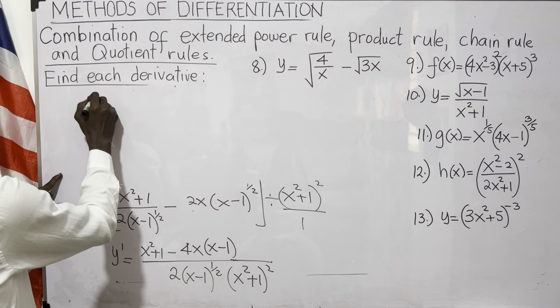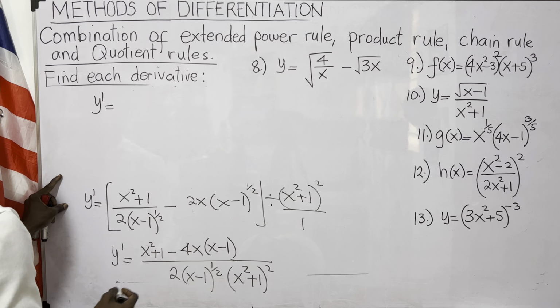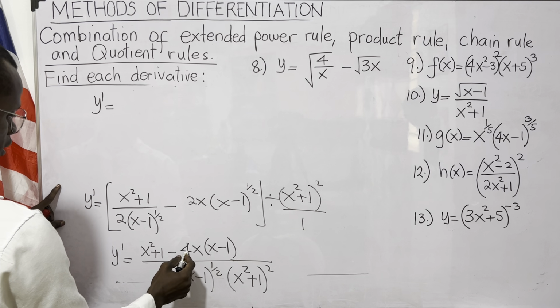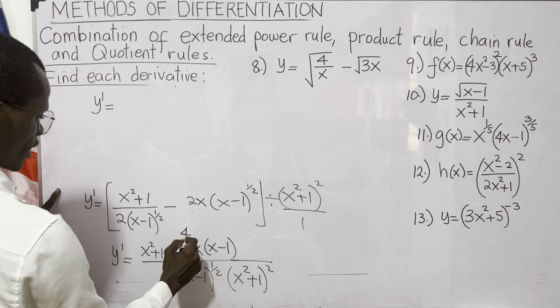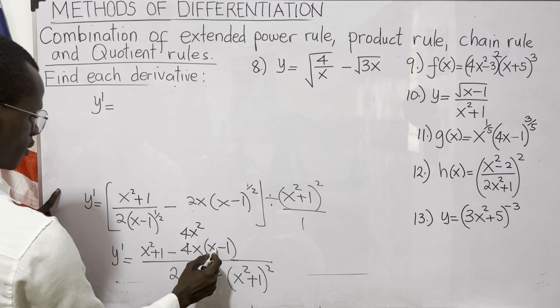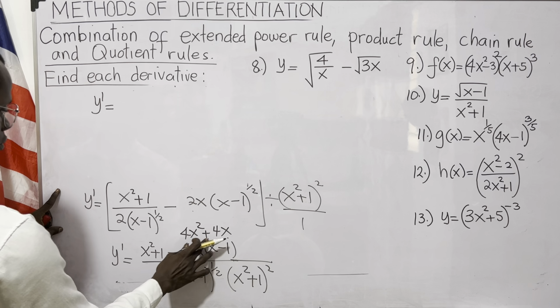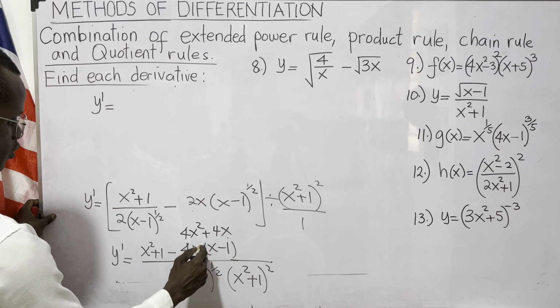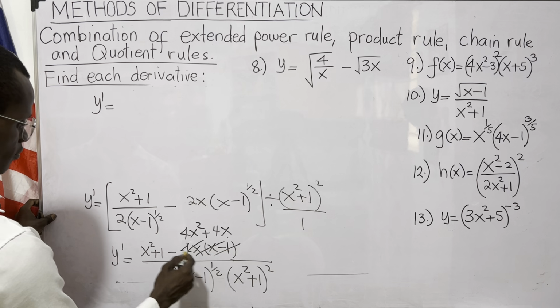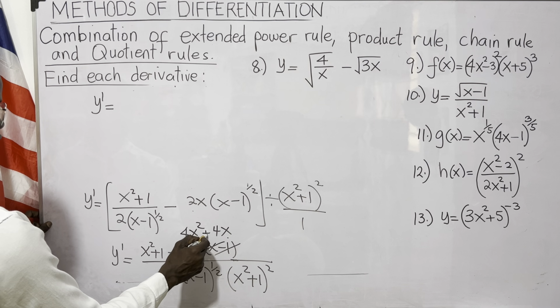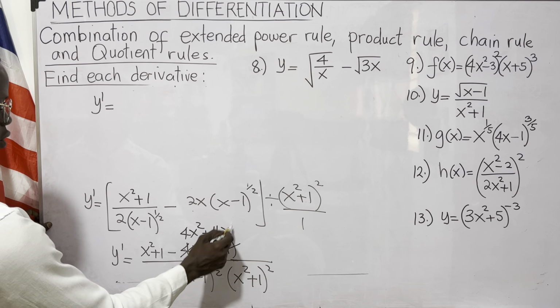So y prime now equals, we can simplify. This is 4x squared and then positive 4x right here. So this one, that's it. 4x squared plus 4x.